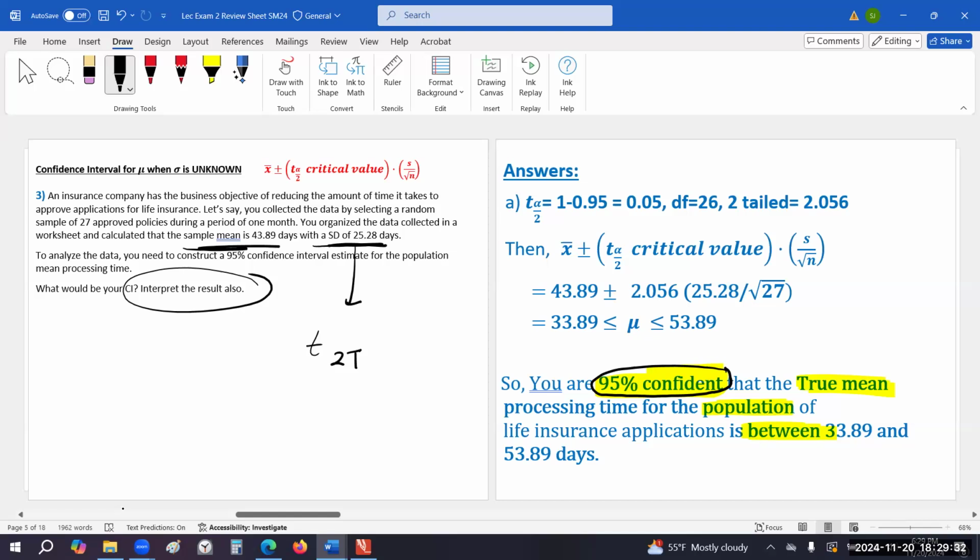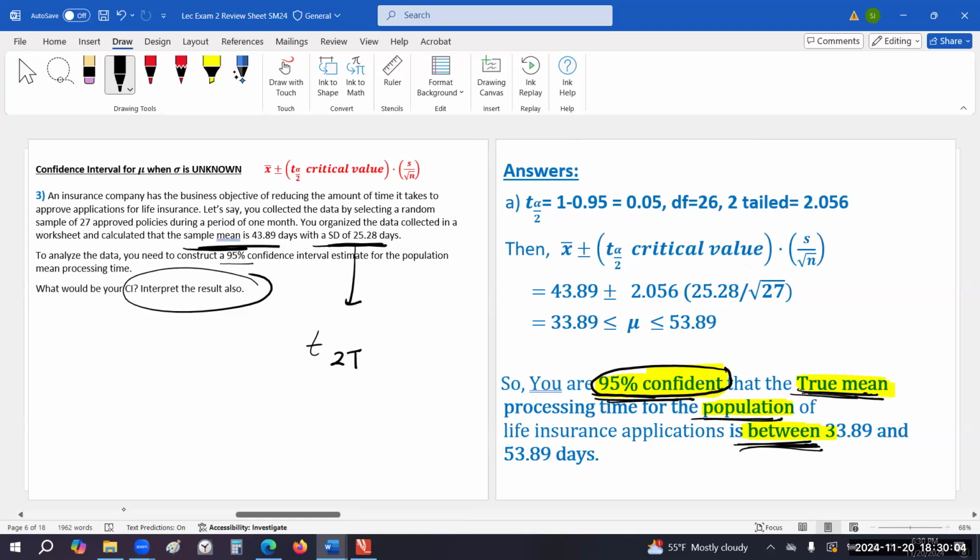If they want you to construct a 95% confidence interval, it means you're 95% confident that the true mean of the population falls between whatever numbers you found. It doesn't matter which scenario you're working with. The main idea is you are that percent confident the true mean of the population will fall between the two numbers you found.